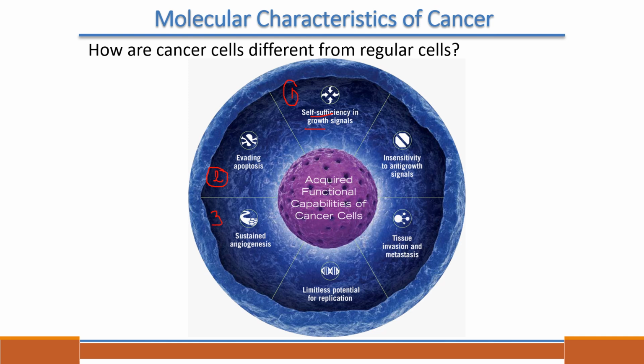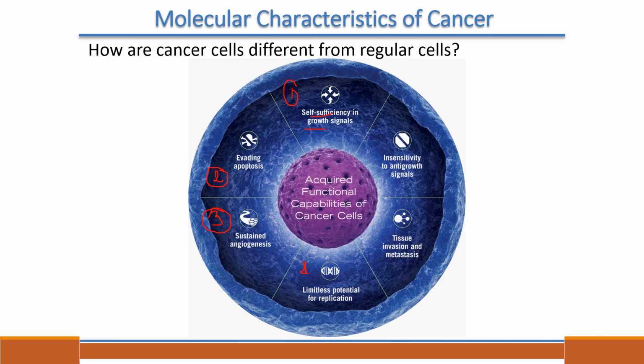Third thing that they do is they keep growing, so they need more food, so they make their own blood vessels to maintain their growth and keep going, survive, have the food available to keep growing and have a lot of mitosis.